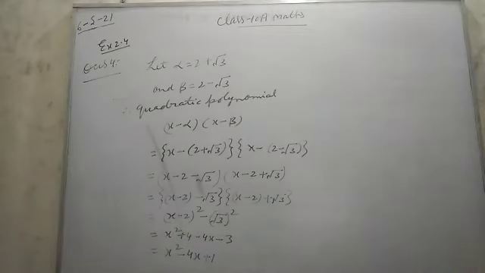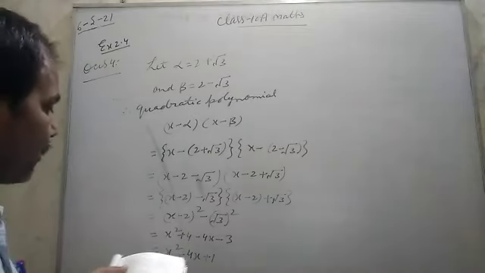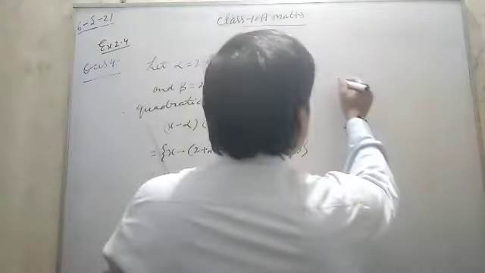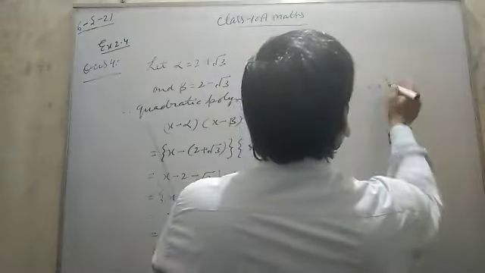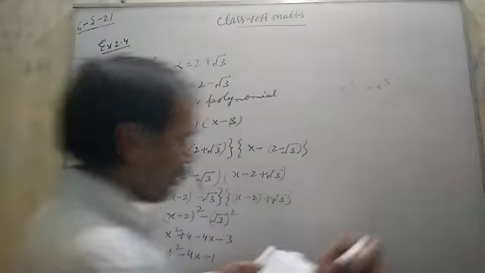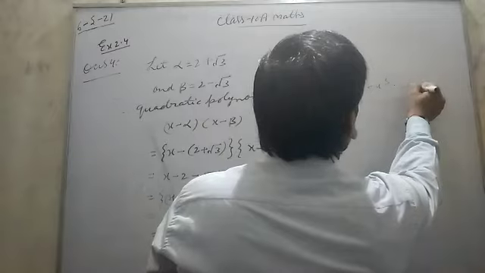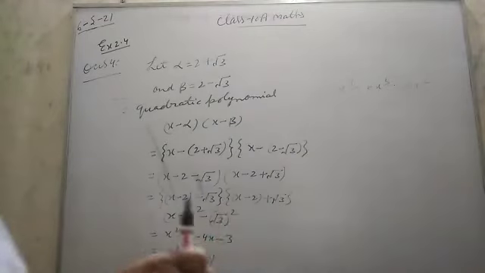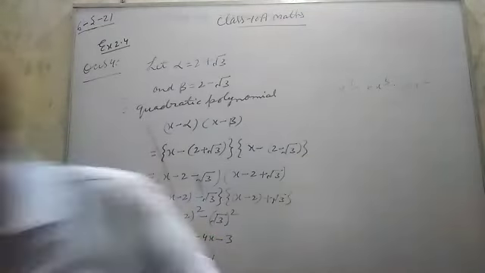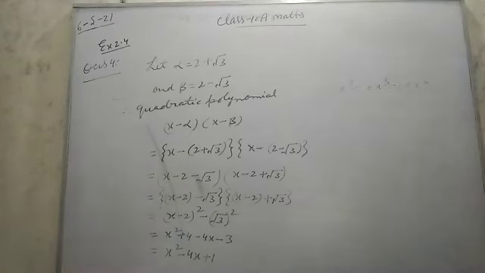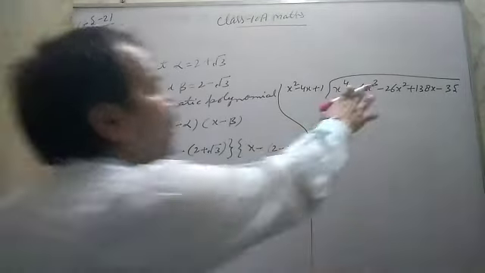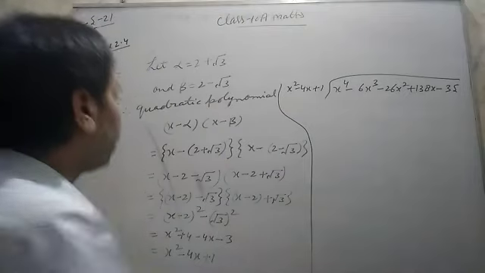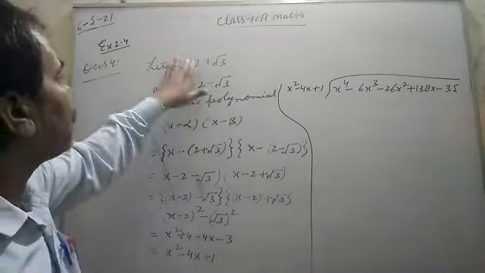So the two zeros give this quadratic polynomial, and the polynomial is x power 4 minus 6x cubed minus 26x square and plus. Now this dividend is divided by this divisor, which was obtained from the given two zeros.